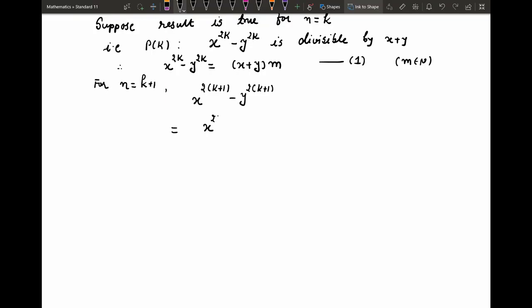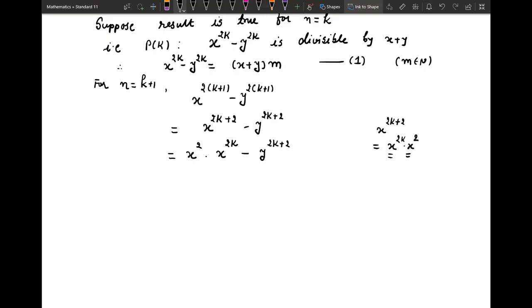Now using rules of indices, this can be written as x raised to 2k plus 2 minus y raised to 2k plus 2. Now this can be written as x square into x raised to 2k minus y raised to 2k plus 2. X raised to 2k plus 2 can be written as x raised to 2k into x square. Base is equal, we have to add indices by basic formulas of indices.